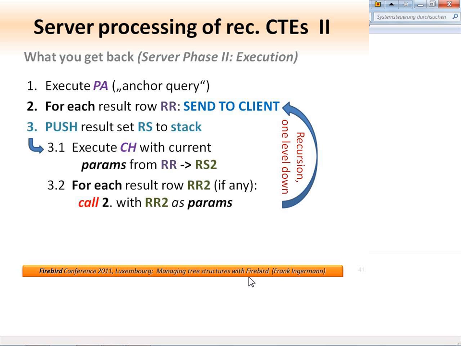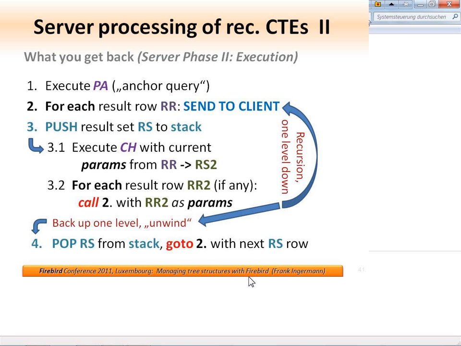And this goes down, one level after another, to the bottom node of the tree. When the bottom node is reached, the recursion goes up one level. Then the result set from the first operation that was pushed to the stack is popped from the stack, and it goes over the next node.